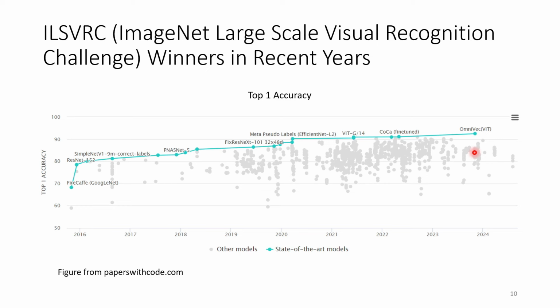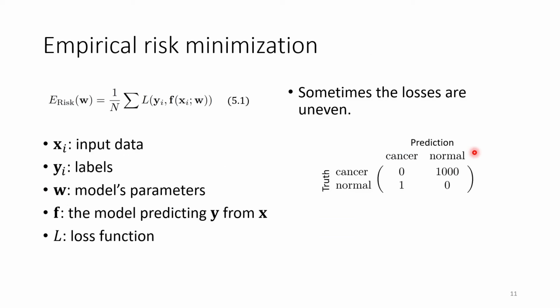Once we build a model or function, what we want is to minimize. Let me explain the symbols. Suppose x_i is the input data. We have many input instances, and y is the label.